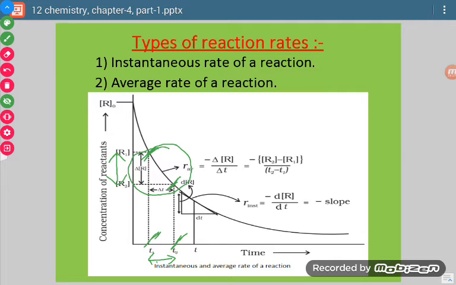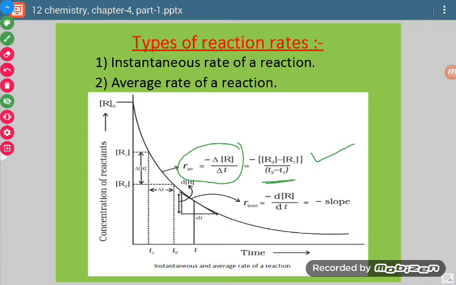It is R2 minus R1. So this way we find the average rate of reaction, where delta R is equal to R2 minus R1, and delta T is T2 minus T1. This will be termed as the average rate of reaction.